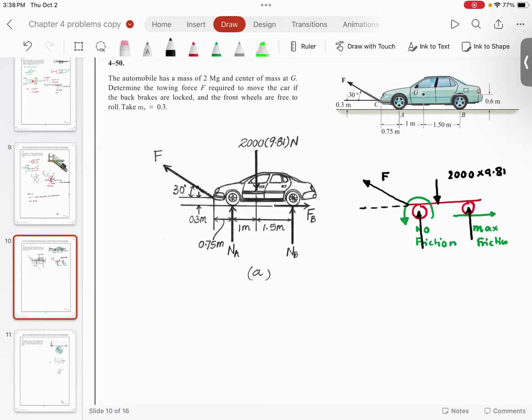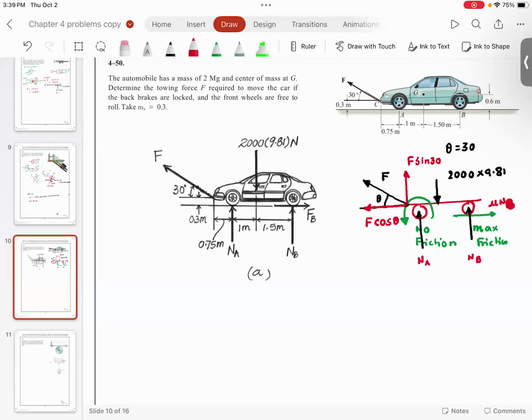And this towing force will have two components. Since theta is equal to 30 degrees, you are going to have F cosine theta and F sine theta. So what we need to do: you have NA, you have NB, and since NB is the normal reaction, mu times NB is the frictional force.